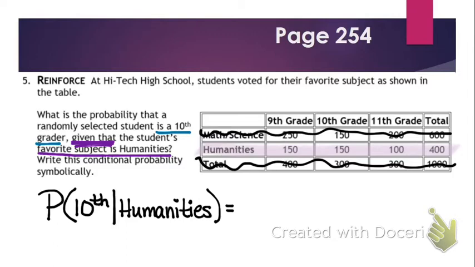Since I already know their favorite subject is humanities, all my information comes from that row. So the answer would be, you said 150 out of what? I'm sorry, I didn't hear what you said. 400.